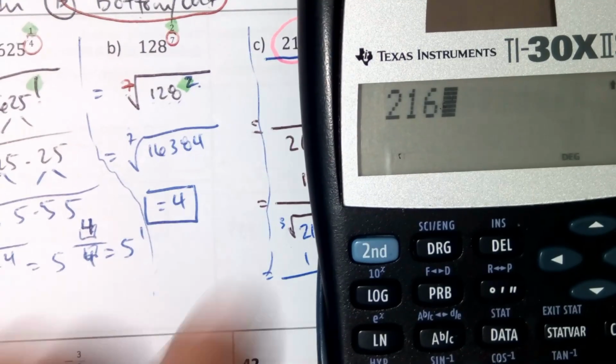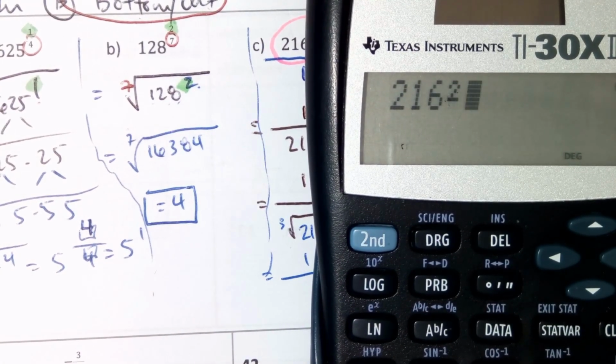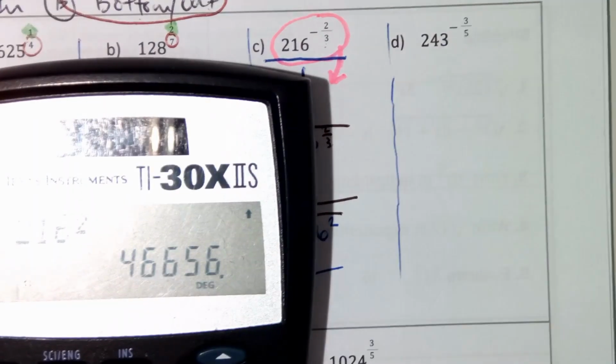And now we can put that into our calculator. 216, second power, get this number, 46,656.